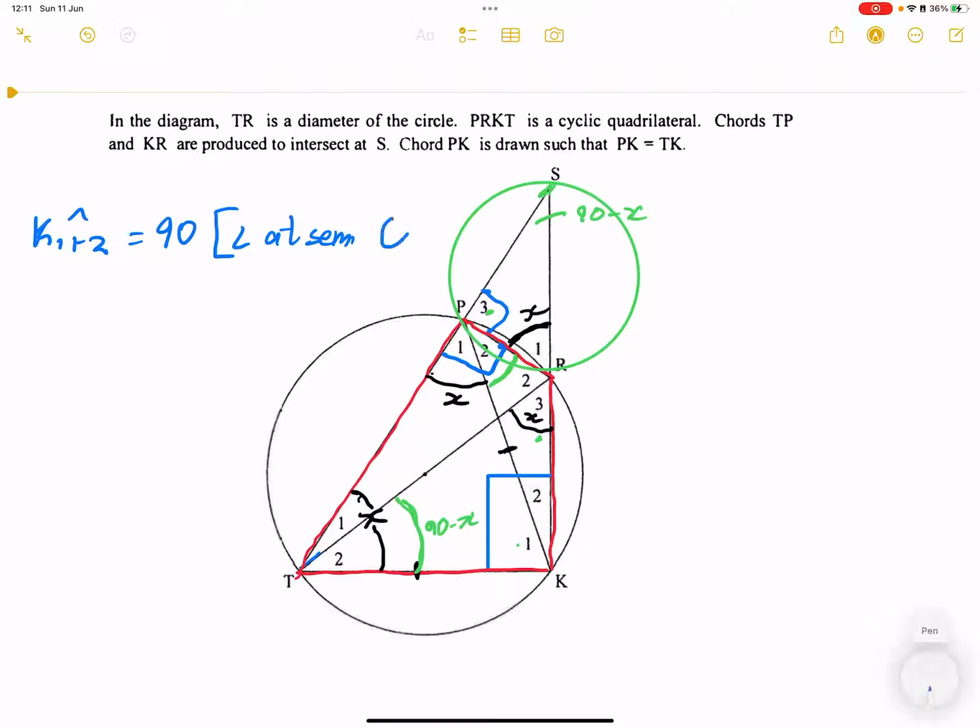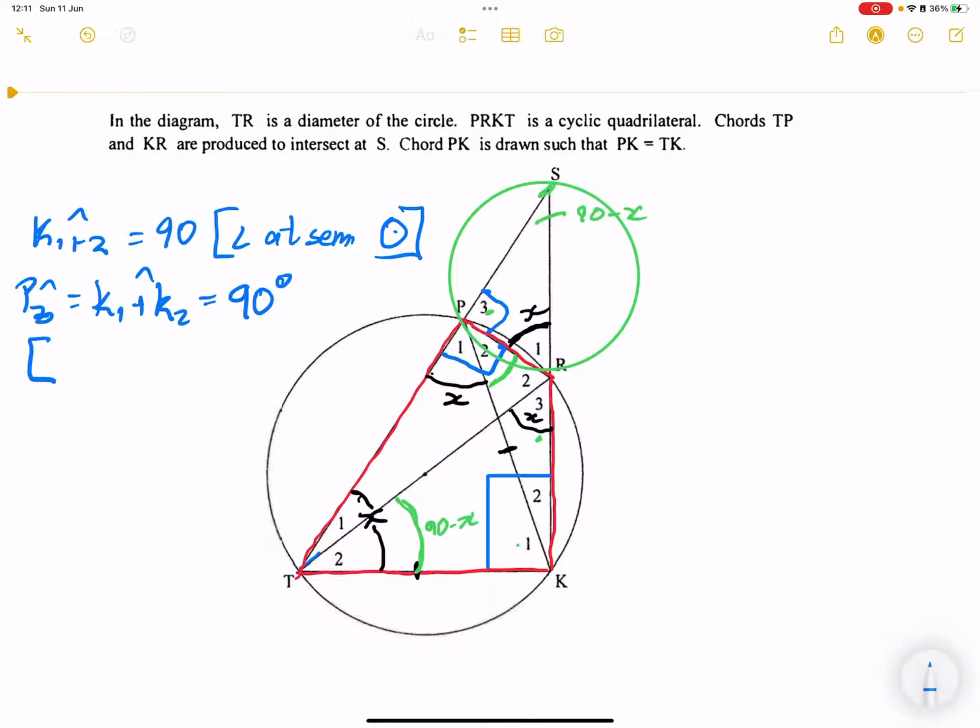Okay, so I'm just going to draw that circle there. So K1 plus K2 are equal to 90 degrees. These are angle at semicircle. And in this case, that meant that P3 is equal to K1 plus K2. Which means P3 is also equal to 90 degrees.